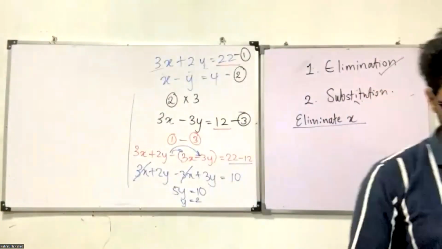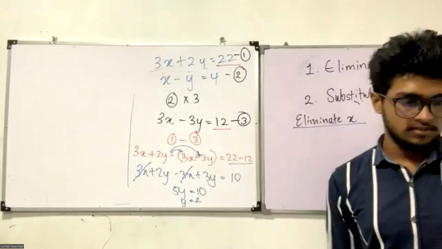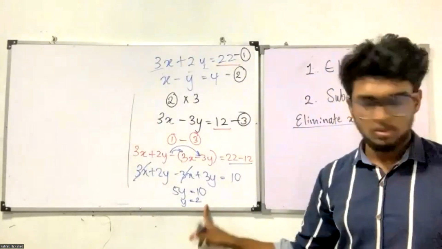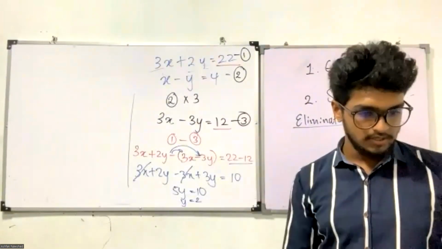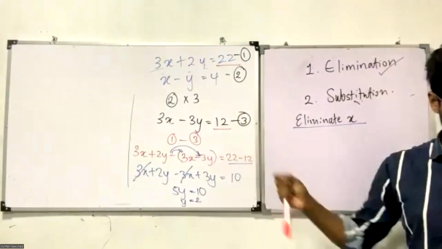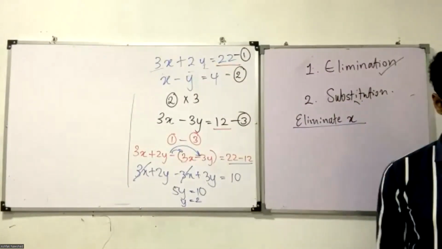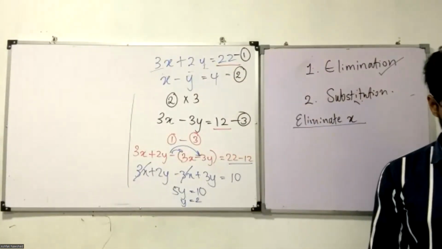We got the same value for y in the first method also. Y equals 2. Now you can substitute anywhere and you will get x equals 6. This question, you can substitute and you can check.